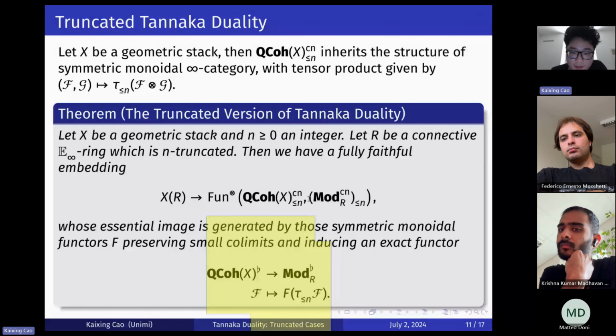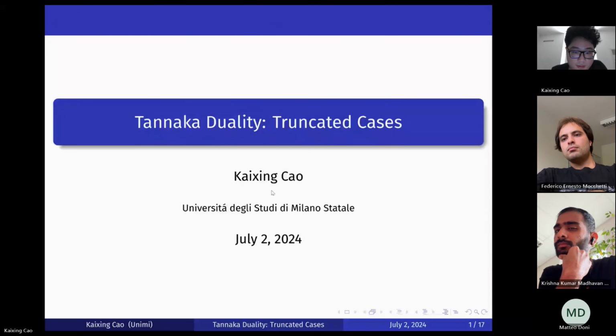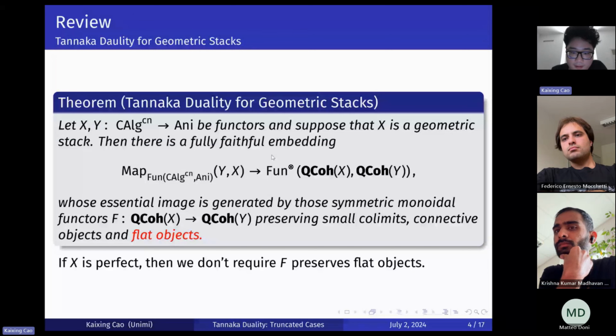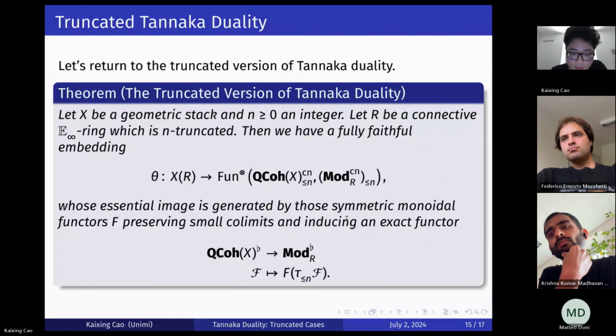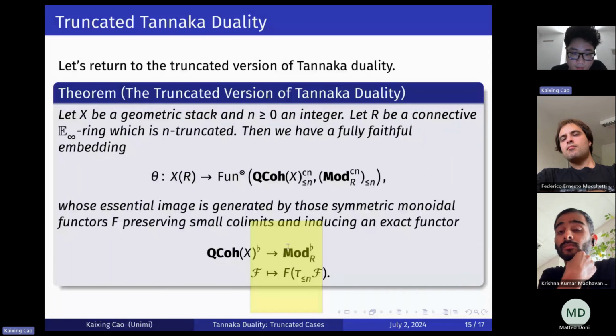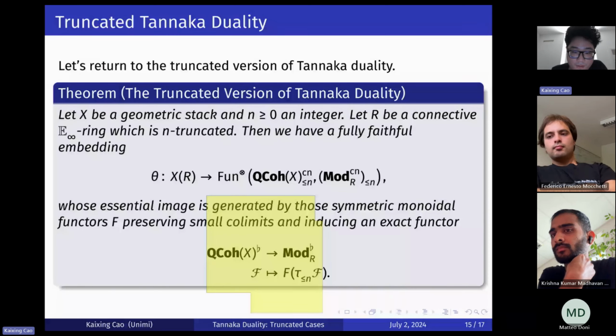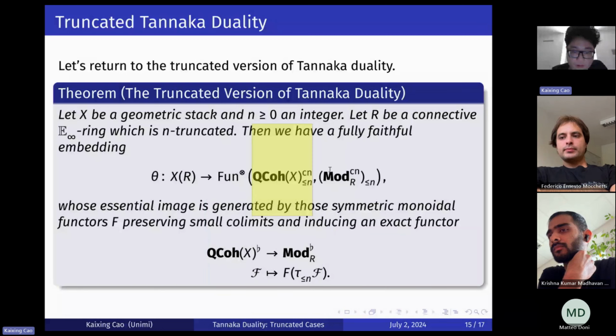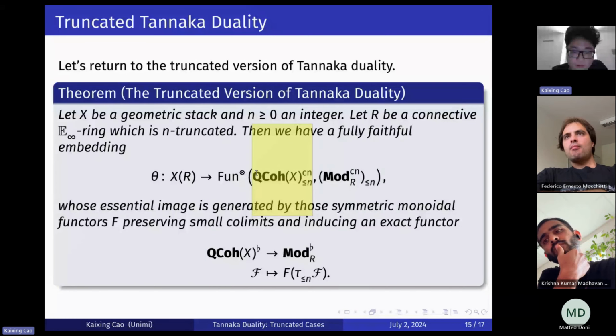This is a little different from the original version of the geometric stack. This is the quasi-coherent sheaves of X. Now, the truncated case is connected. If we impose an exactness condition on the flat part, I think it encodes some information on the left part of the quasi-coherent sheaves.